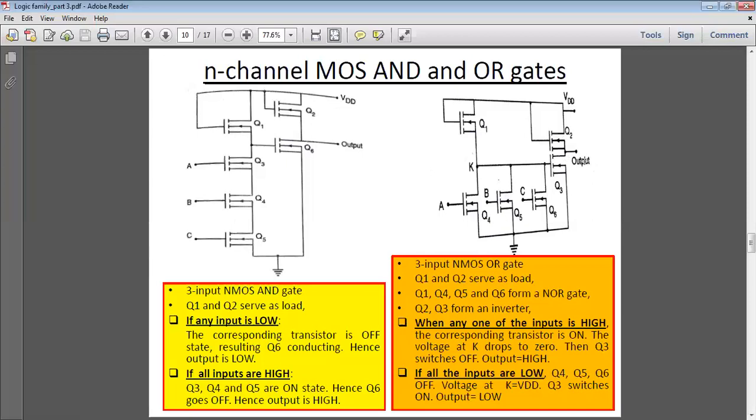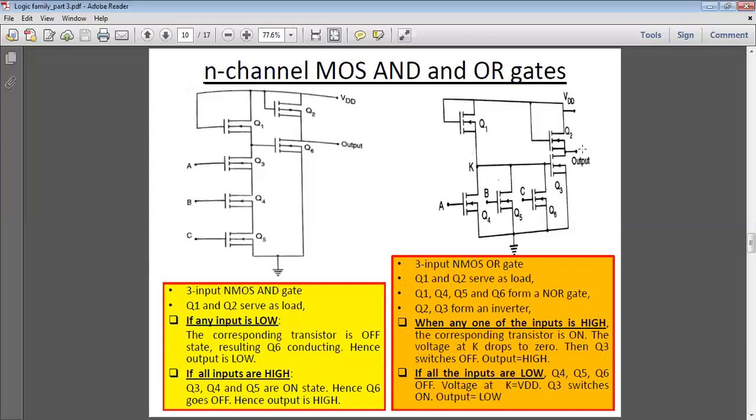So when any one of the inputs A, B, C is high, the corresponding transistor is on. So at point K, the potential is 0. The potential 0 means Q3 switches off, no potential, low level, so at the output, because Q2 acts as a load, we will get high.